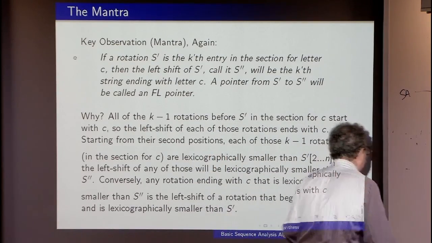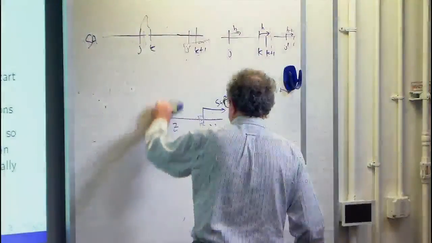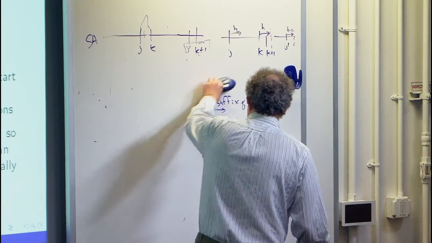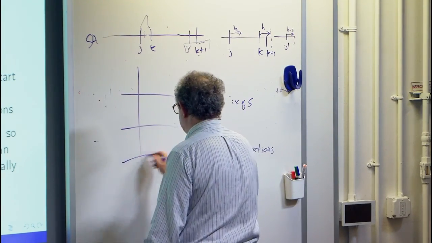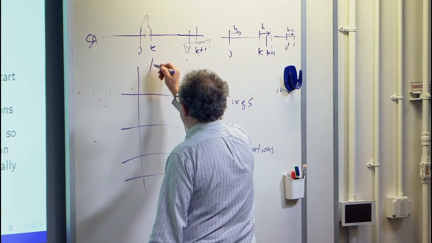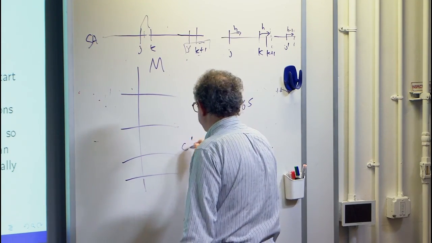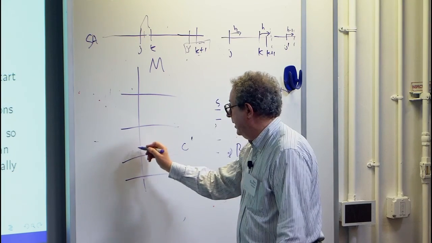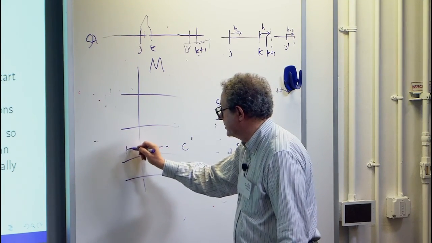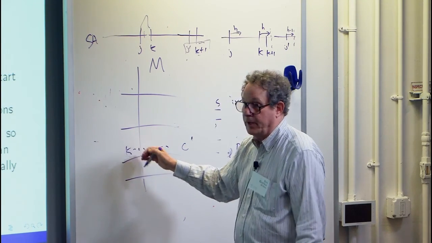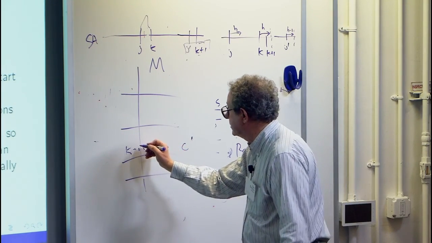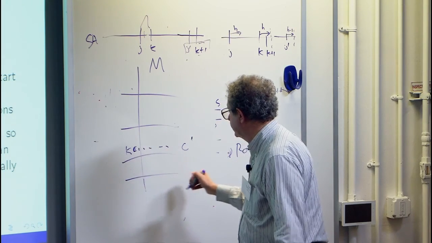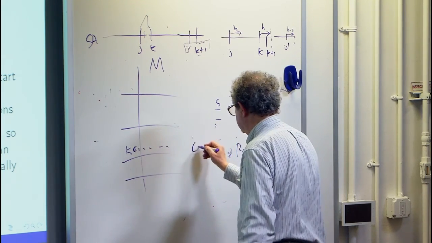All right, so this is M, and here's C, and you have a string here which is the kth entry in this section. All of these strings in here begin with a C. So this is the C section.